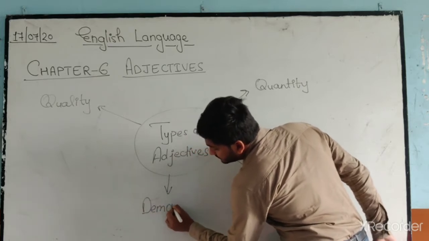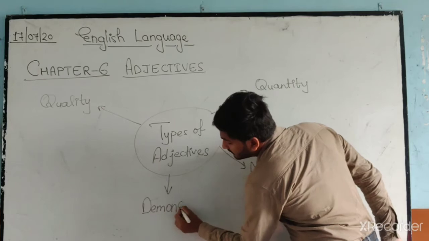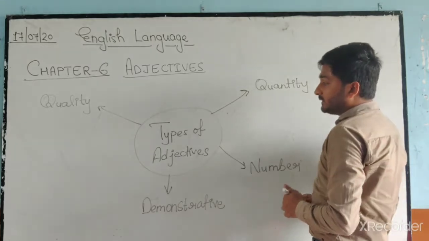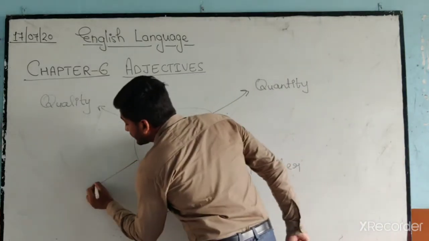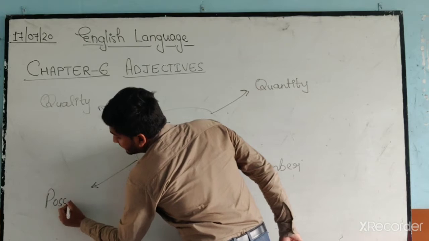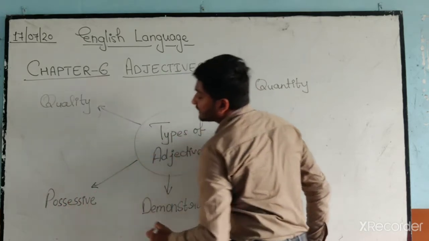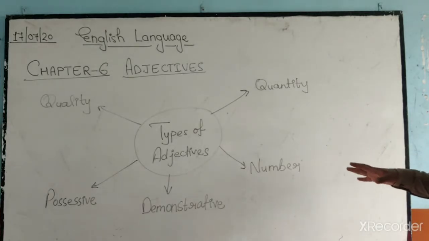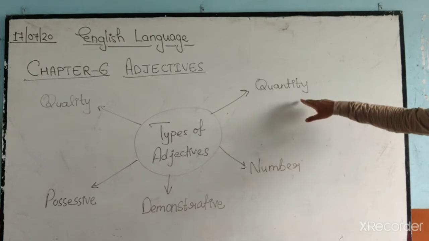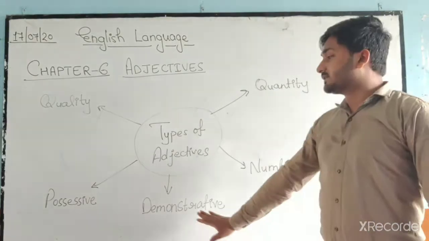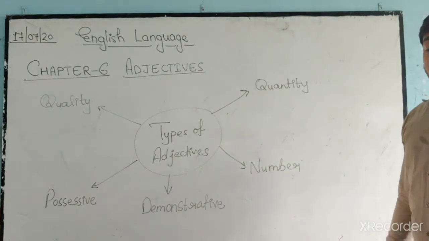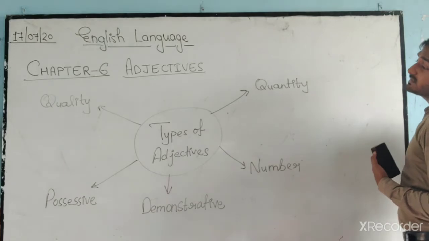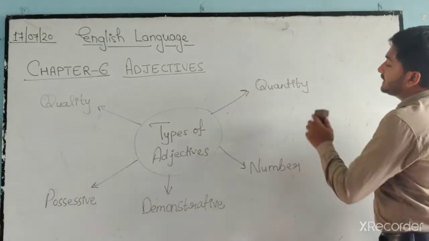Adjective of quality, adjective of quantity, adjective of number, demonstrative adjective, and possessive adjective. So we have five types of adjective. Now we will start with number one, which is adjective of quality.